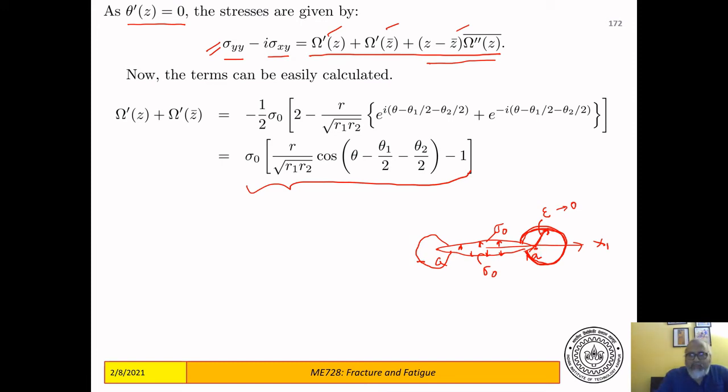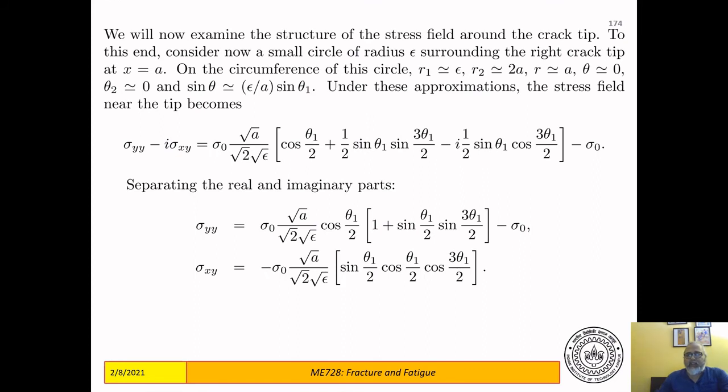And if you do it here, then your R1 will tend to epsilon, R2 will tend to 2 times the crack length, because the crack length is much larger than epsilon, R would tend to half the crack length, and theta would tend to 0.